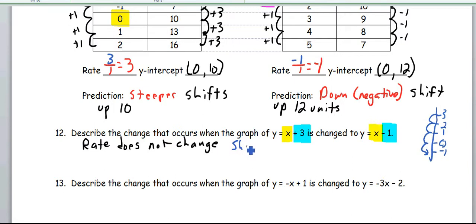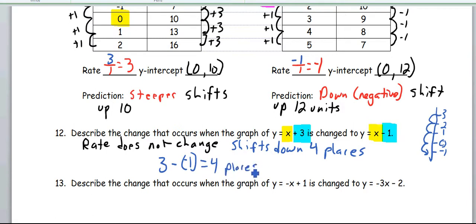So it shifts down 4 places. Another way to do this is, if it's going down, you subtract. So this is plus 3 minus negative 1. If I put 3 minus negative 1 in my calculator, it would equal 4 places, or 4 units, down.